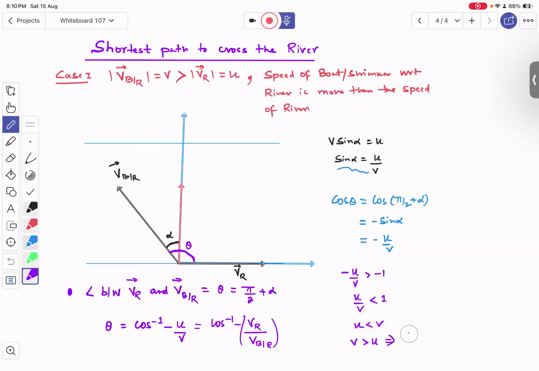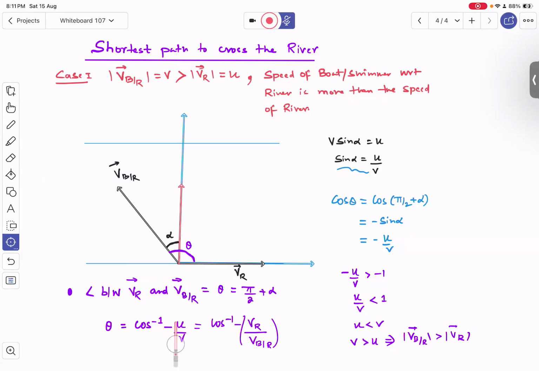It means v should be less than u. It means the boat's length must be more than the river's length, correct? So this formula is also not applicable every time. If I have a case where u by v is more than 1, maybe 2, then cos inverse of minus 2 is not defined.